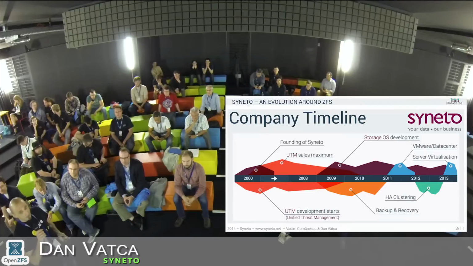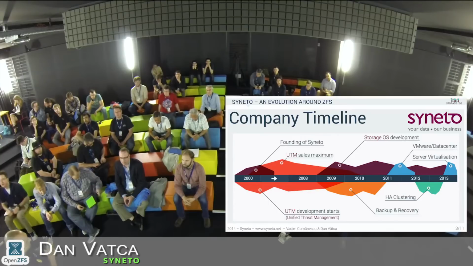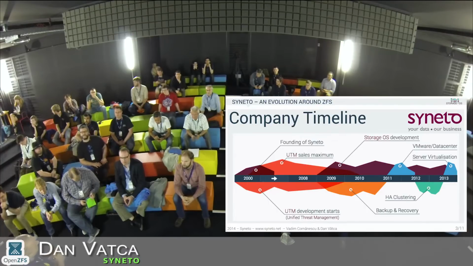So at first we decided to take the right way in choosing the right operating system. So we looked at various options. At the time, in 2009, OpenSolaris was already there, and that was one of the options.